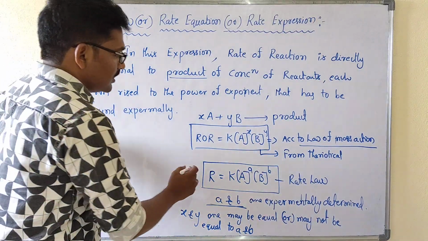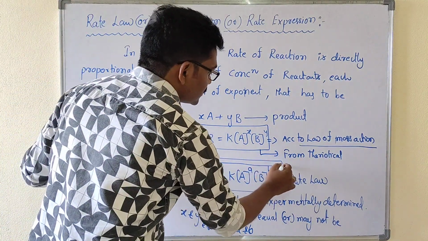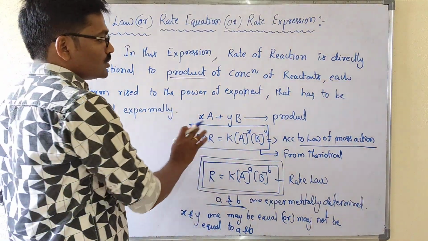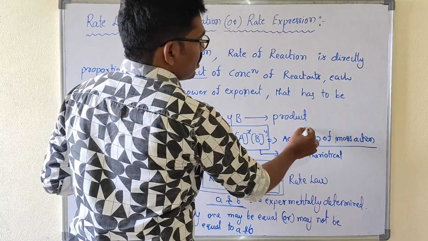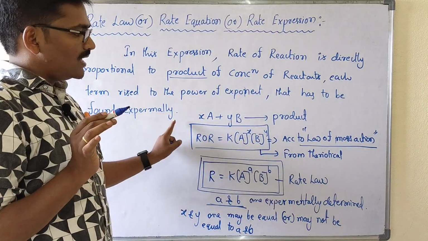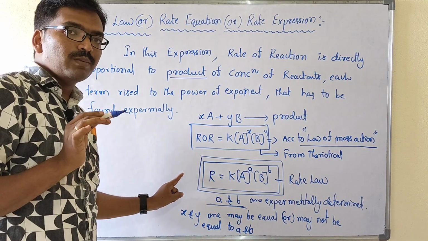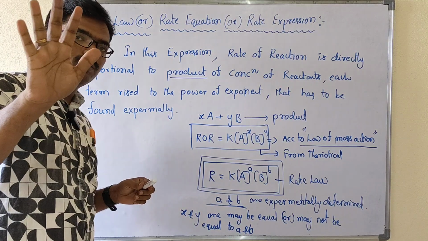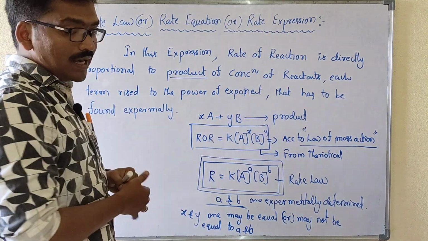So this is what we call the rate law expression. Clear, my dear students? The other one is not the rate law expression. That is according to the law of mass action, which is theoretical, and this is practically explained. Understand, all of you, right? So this is rate law.